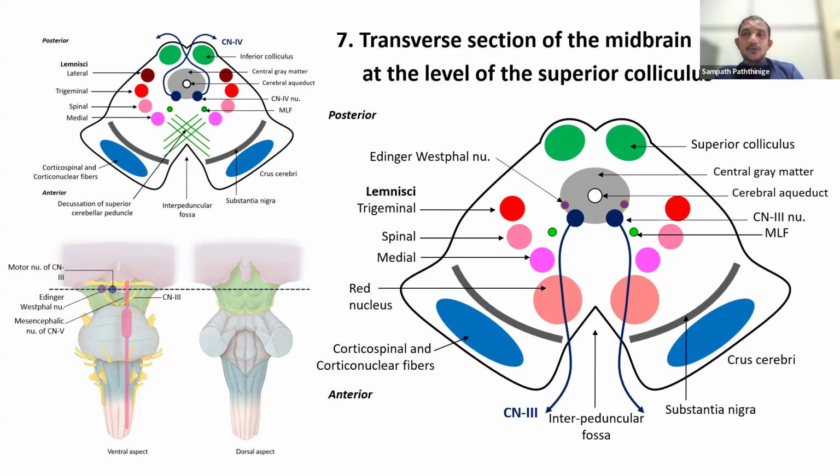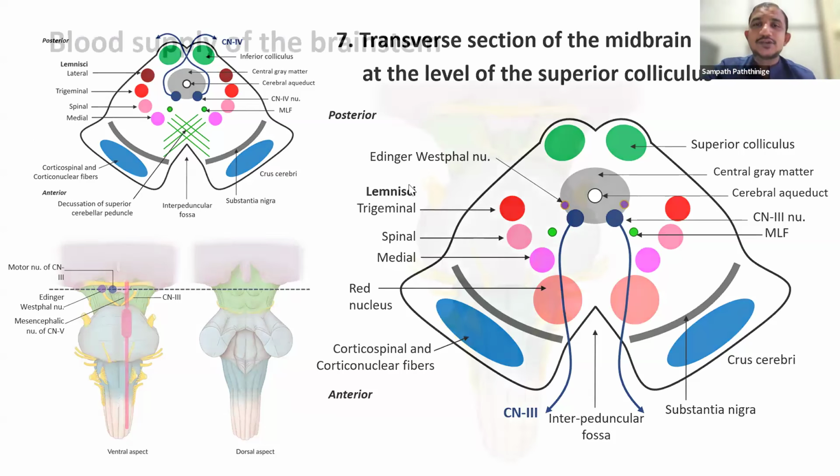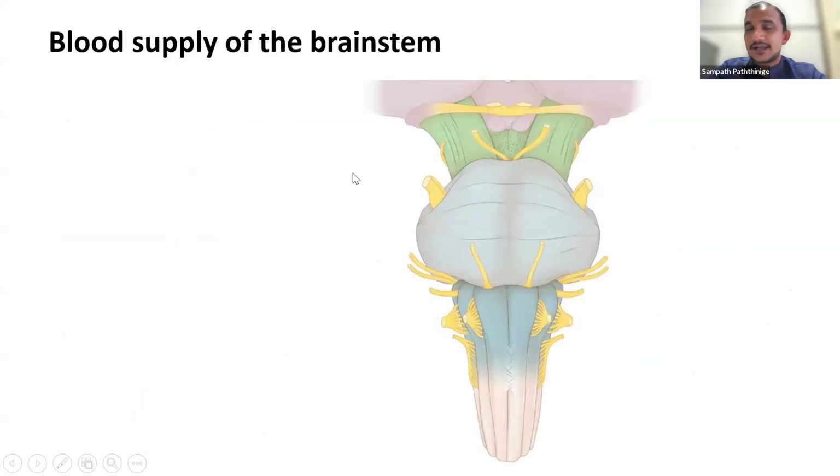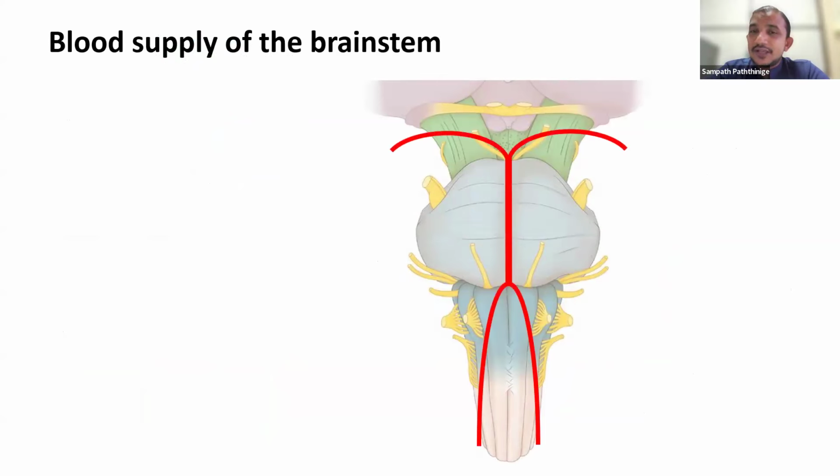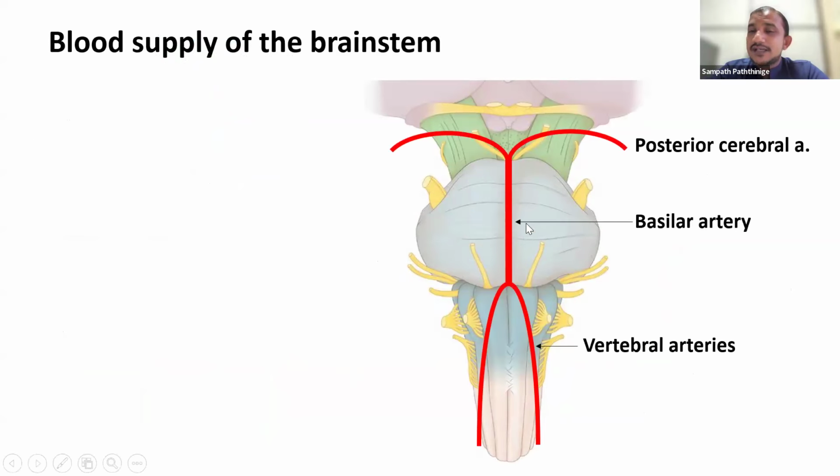So we'll quickly see how we can apply this knowledge to describe the different clinical conditions. But before that, a little bit about the blood supply, because the brainstem is involved in strokes, right? It is mainly from the posterior circulation. Two vertebral arteries become the basilar artery, which gives rise to the posterior cerebral artery.